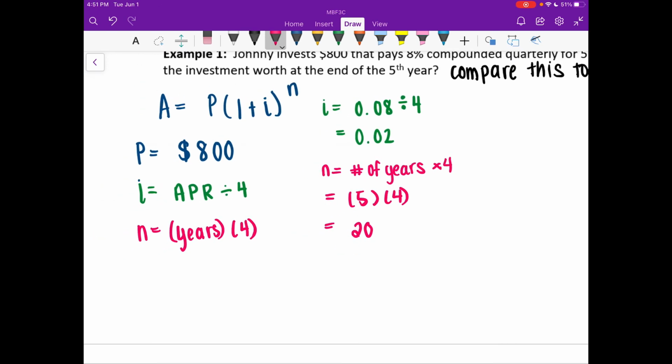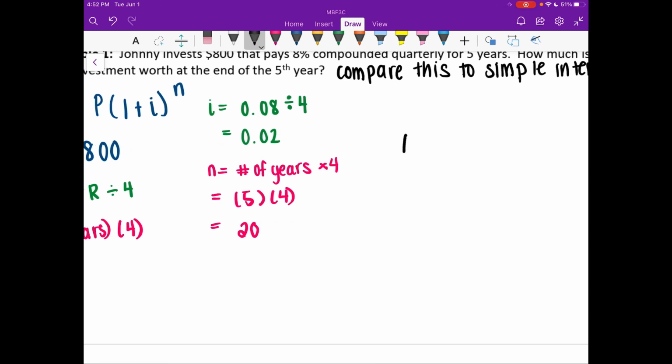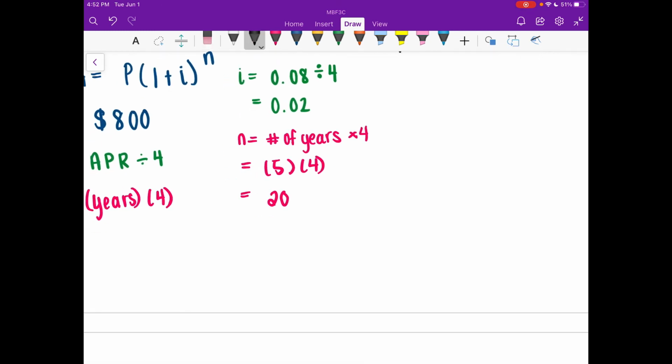Now I have P, I have N, and I have I, and I can just plug everything into the equation to find A. So A is equal to $800 times (1 plus 0.02) to the power of 20.